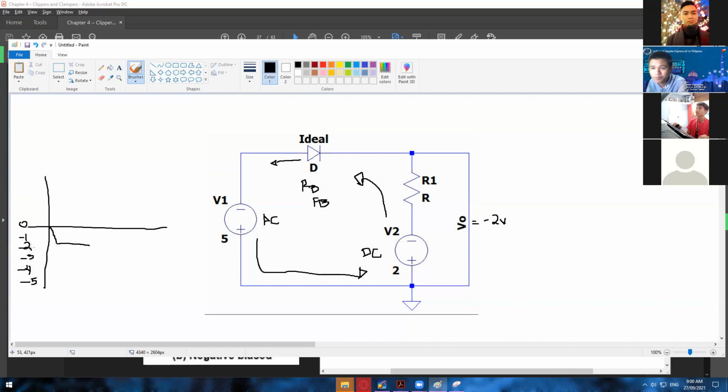That is -2.1 up to -5. At that certain time, it's a completely reverse bias connection. So as a result, we only have a reading of -2 volts. Then we have another reading for the positive, and the same will happen again on the negative cycle.